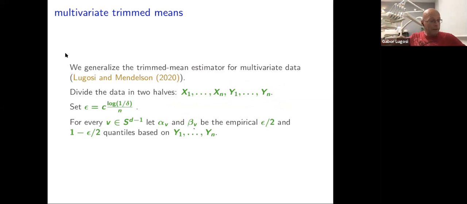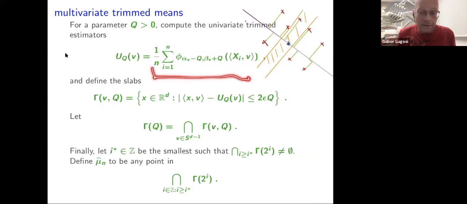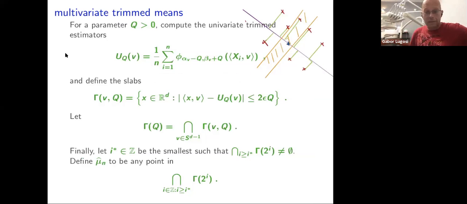So for every direction in the sphere, continuum many, so lots of directions, we project. On each direction we project, and now we just look at the empirical epsilon quantiles on the left and on the right, and take the same estimator as before, that squishing function.